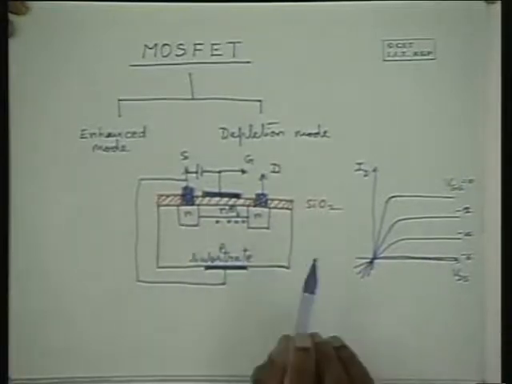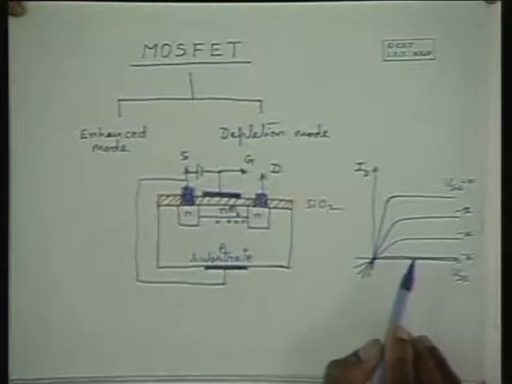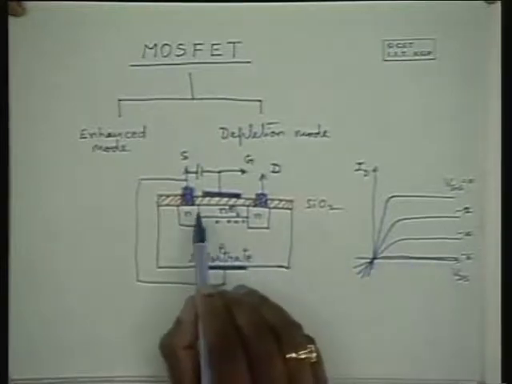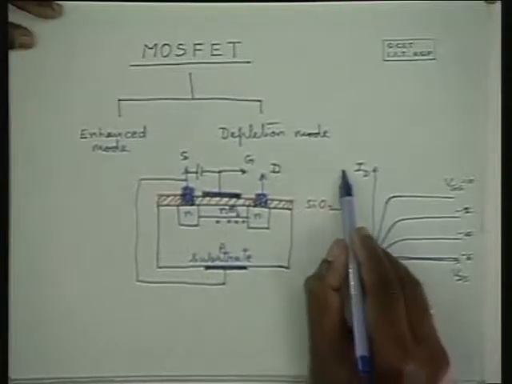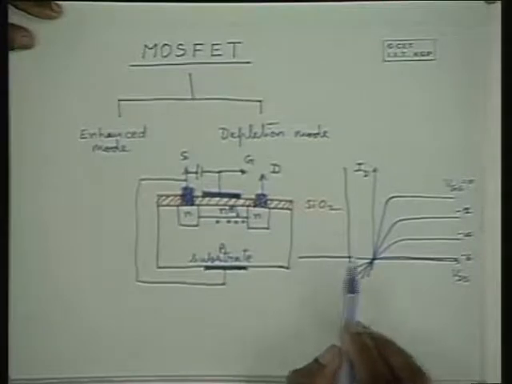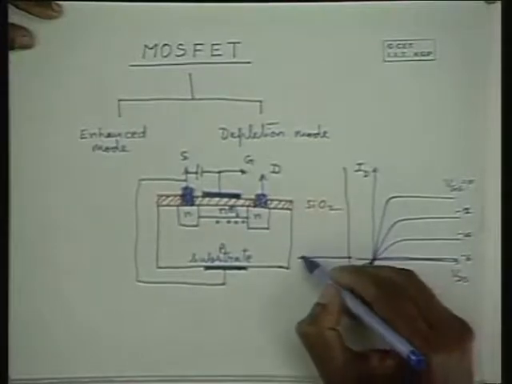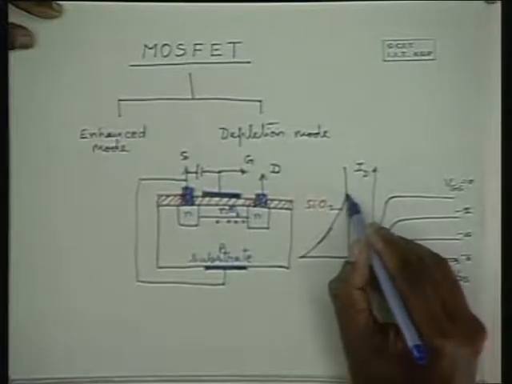So this is what is known as a depletion mode FET, because we operate the FET in the depletion region when the channel is depleted of the carriers. And you have the transfer characteristics similar to that of the JFET, and it has a square law relationship like this.